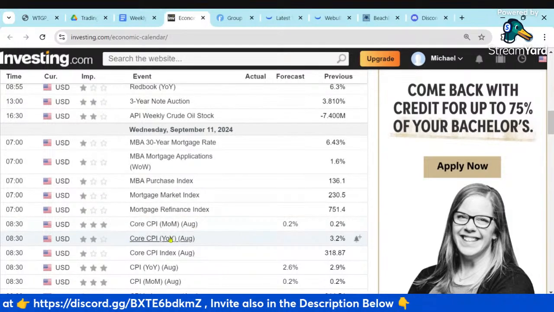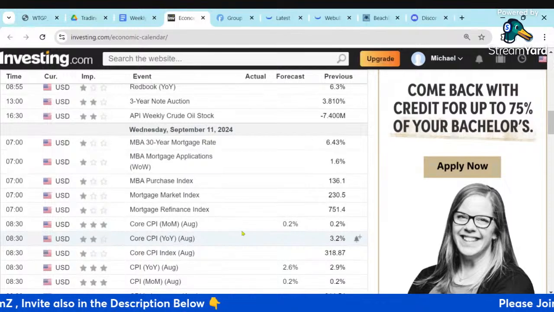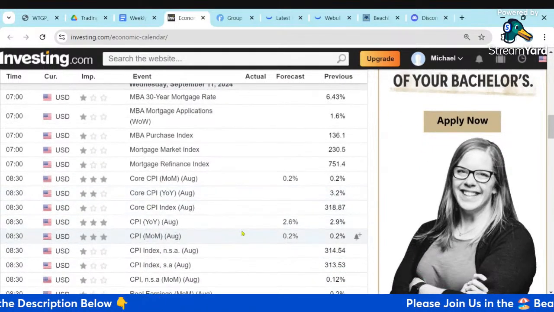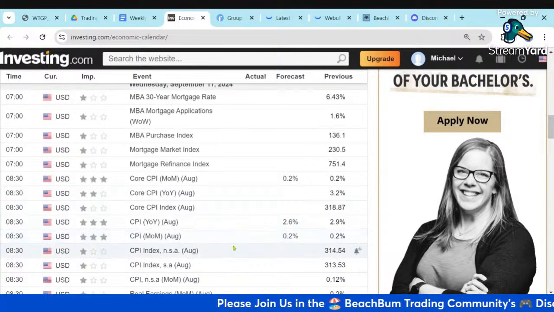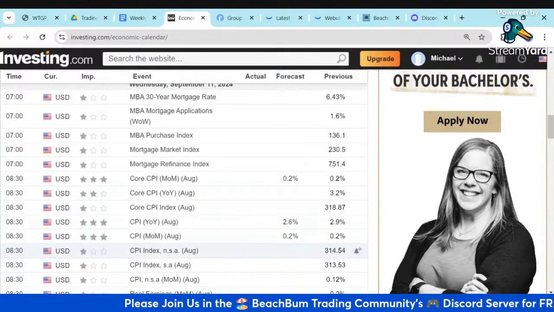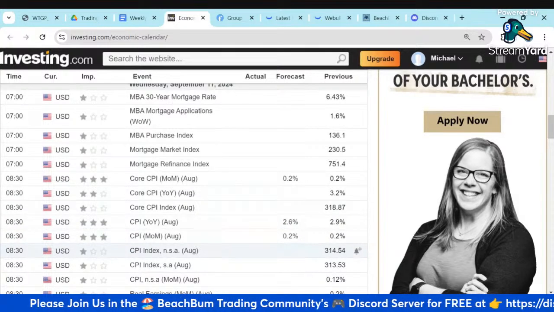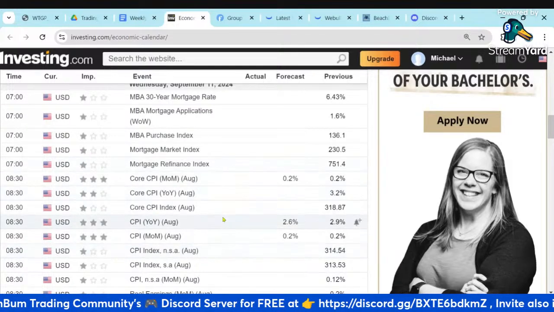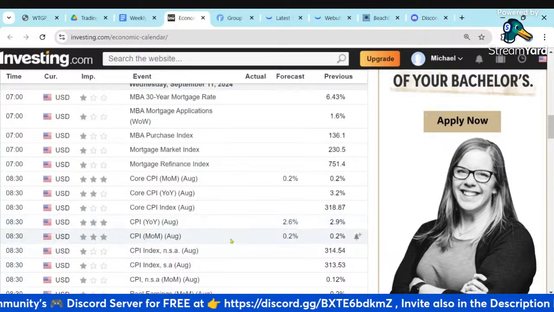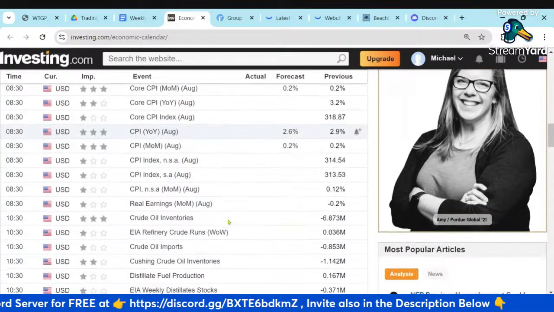The markets will be watching this closely to see if inflation is still sticky. If we do get sticky inflation, or if it happens to have bumped up, that'll be pretty negative for the markets, because that'll mean that the Fed will want to hold off cutting rates to keep inflation down. So again, Wednesday, CPI data.